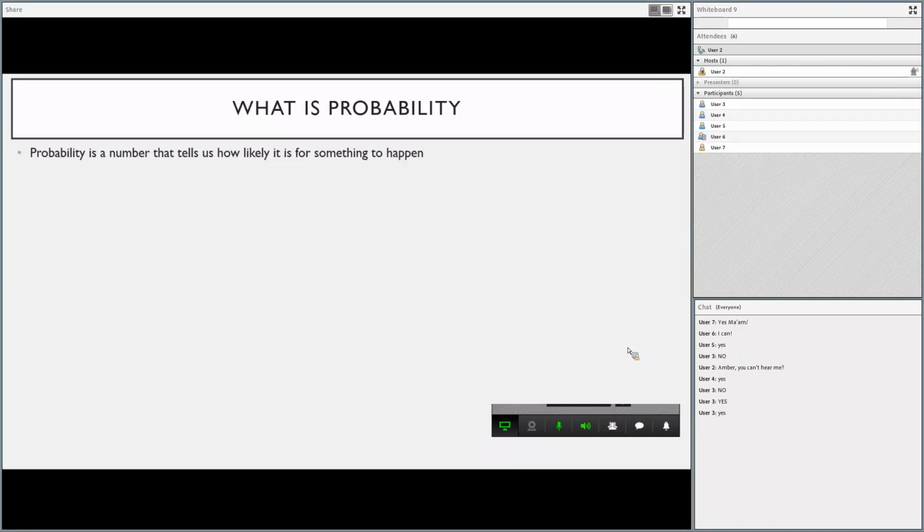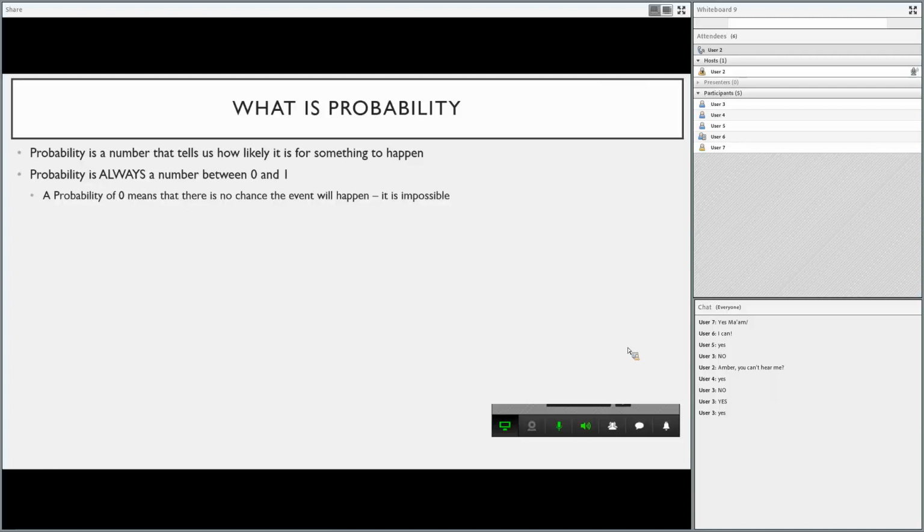So we're going to be talking in the next 2 weeks about probability. So the first thing is, well, what is a probability? A probability is a number that tells us how likely it is for something to happen. A probability is always a number between 0 and 1. So it's always going to be a decimal value between 0 and 1.